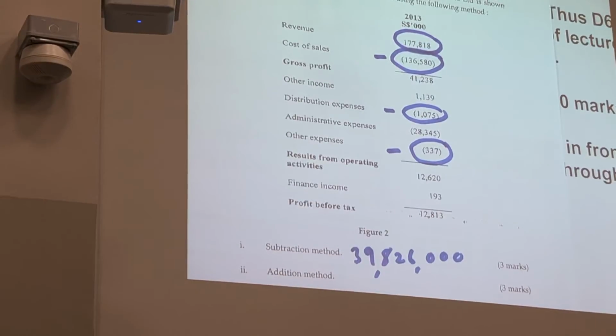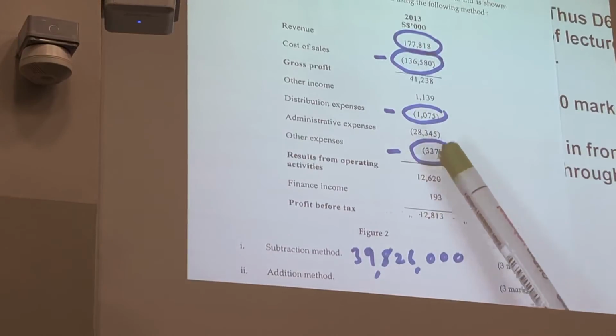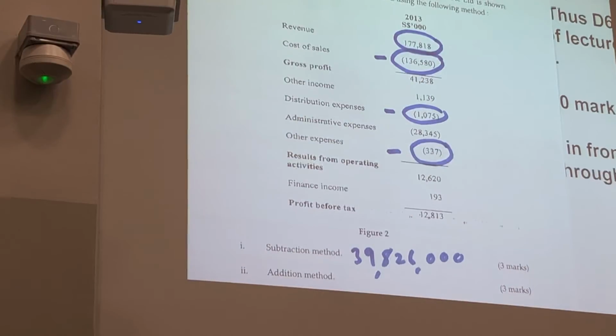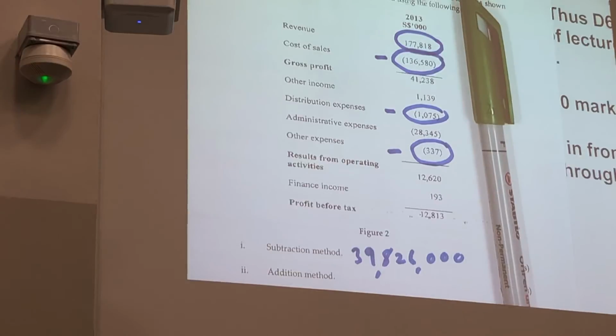Because later on, when you use the addition method, obviously you're not going to use all these values again, so you don't double count. Leave them as they are and use a separate pen, like a green pen, to do your addition method. It's advice, which obviously rebellious teenagers won't listen to.